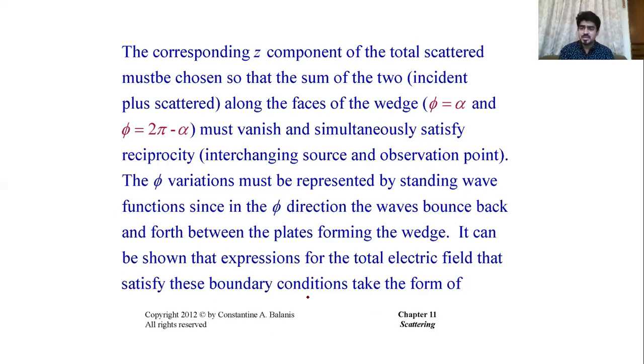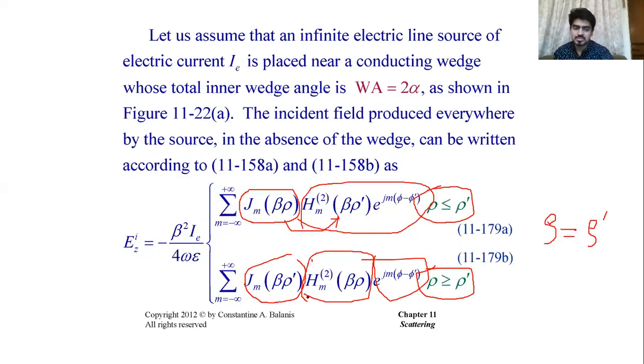Here in this case it is easier to first predict what would be the total fields, and then from that we can find the surface current density. So we'll first assume the total electric or total magnetic field for this particular line source. So this is the incident electric field from your electrical line source.